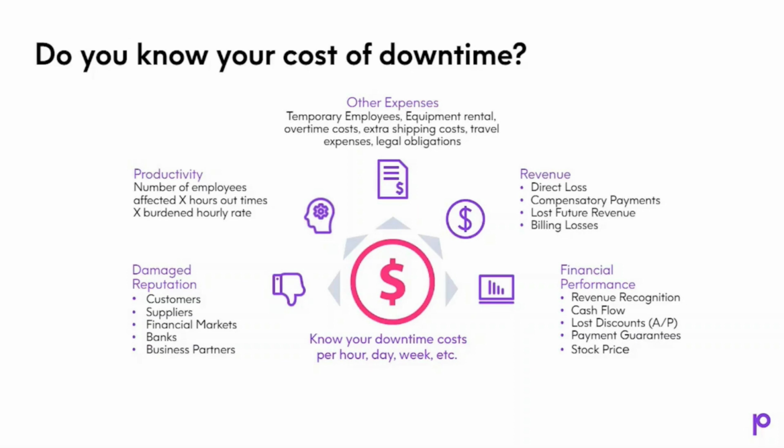We mentioned productivity, and you can calculate that based on how many hours your systems are down and how much your employees cost. Other expenses that people don't think of a lot of times when dealing with downtime, particularly unplanned downtime: you end up having to spend money on things like temporary employees to do some data input after the fact to clean things up.